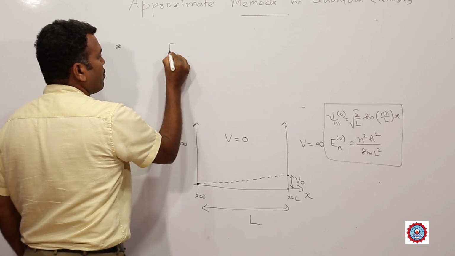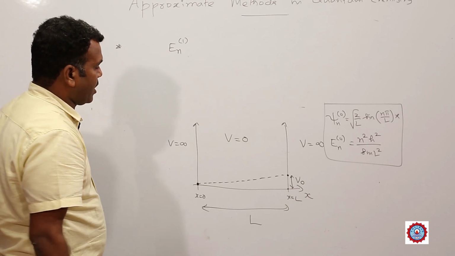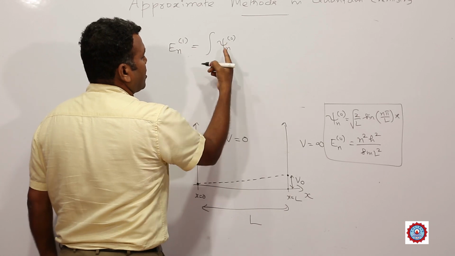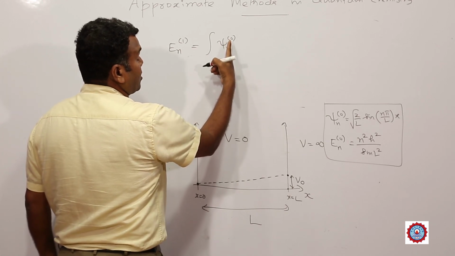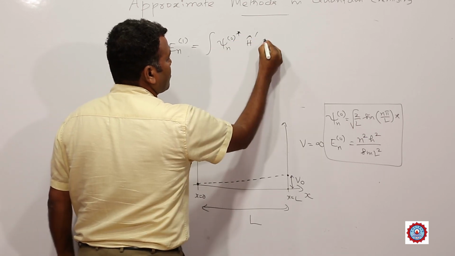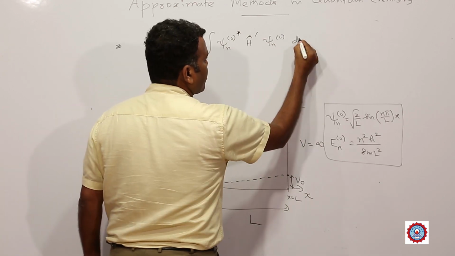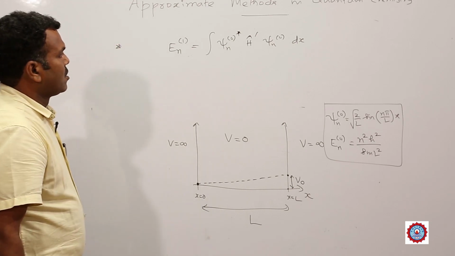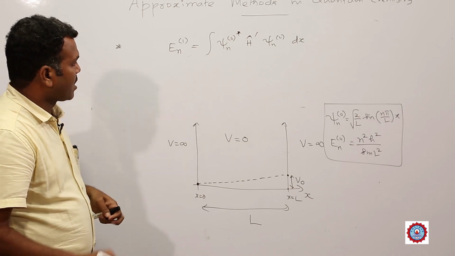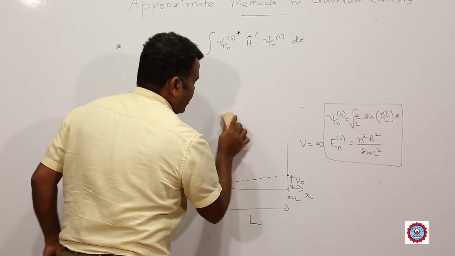So, we know very well first order correction to the energy of the nth state can be given as integral the unperturbed wave function for the nth state into the perturbation operator and the unperturbed wave function for nth state into, since it is a one dimensional problem, integral dx. So, we have to calculate this integral so that you will get the first order correction to the energy of the nth state.